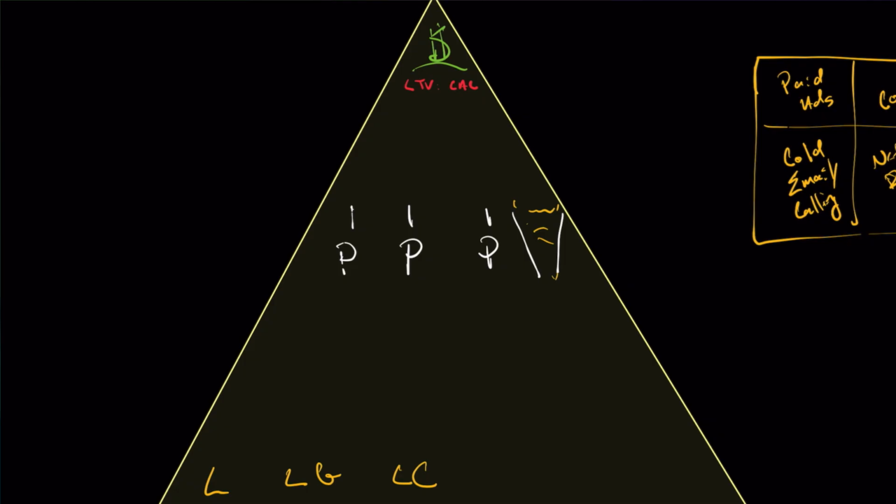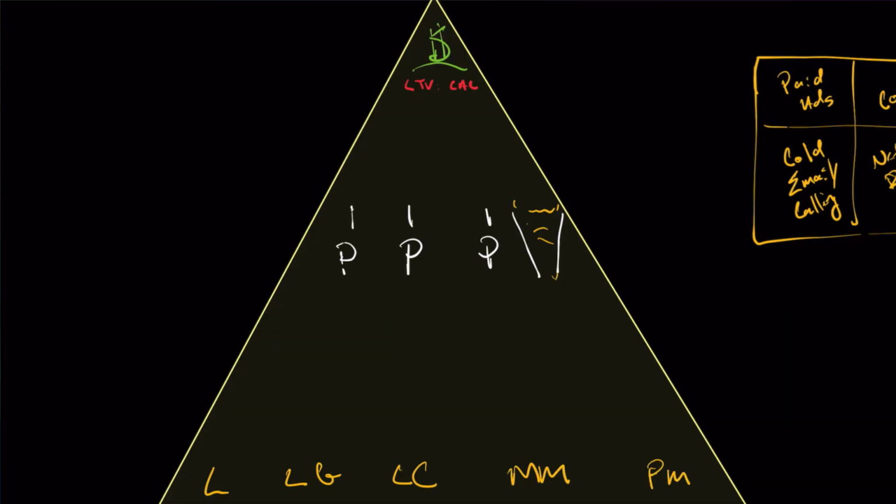Then after lead conversion, you need to have a system in place for money management, collecting money and managing the money, stewarding it. You have to have a budget, a plan in place, and all of the things that go along with having money in a business. Finally, you've got your project management, your system delivery.